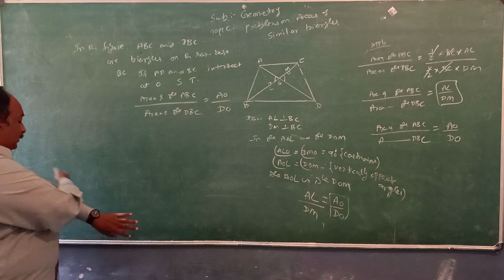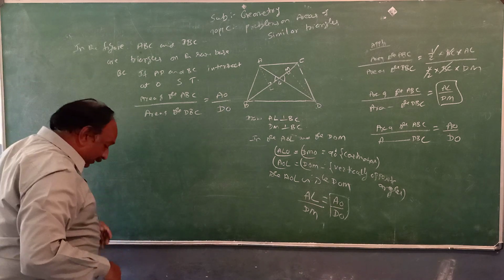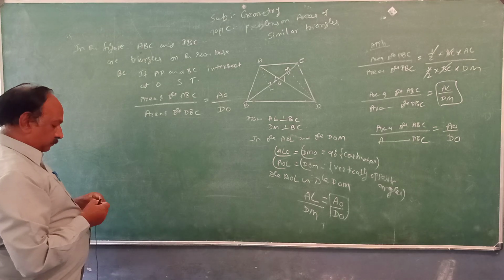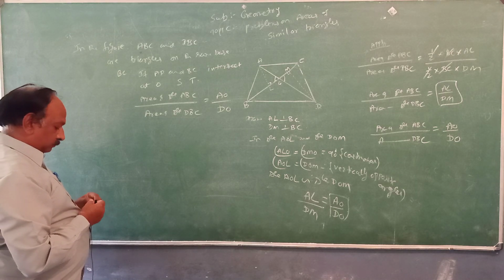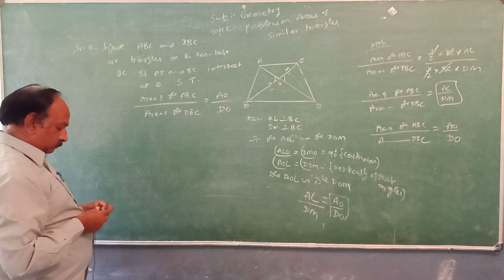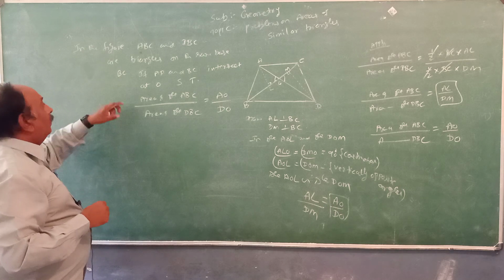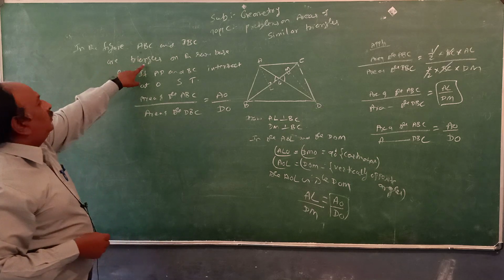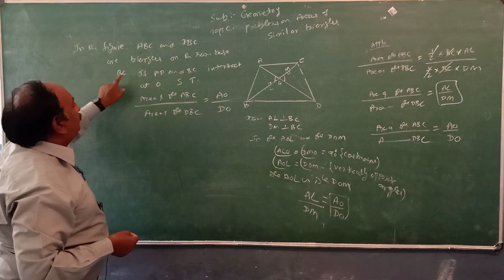Once again, my dear students, in the figure, ABC and DBC are two triangles on the same base BC.